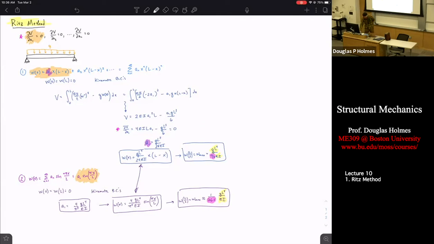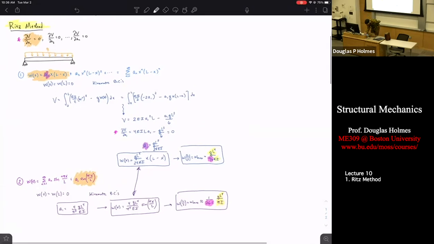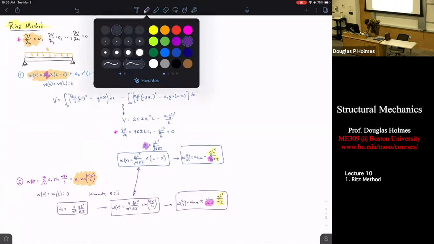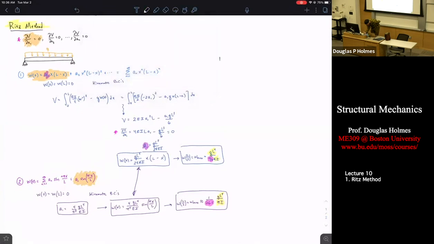To remind you, the Euler-Bernoulli beam equation is that.